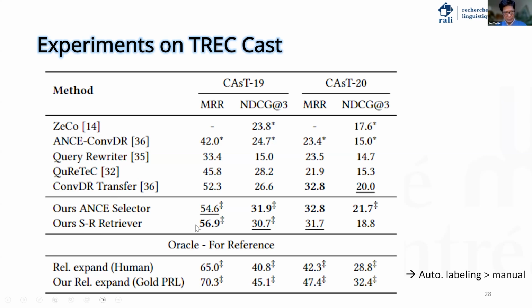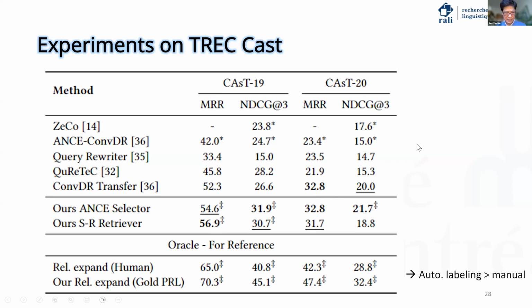And what we can see is that, again, using some selection of the previous turns, we can achieve quite good results, not as different from the previous methods as in TopiOCQA and QReCC, but still we can see that in some cases we improve the performance, and in some other cases the performance is quite close.